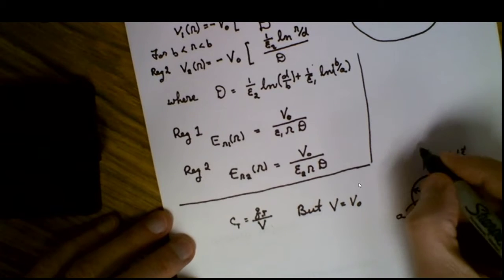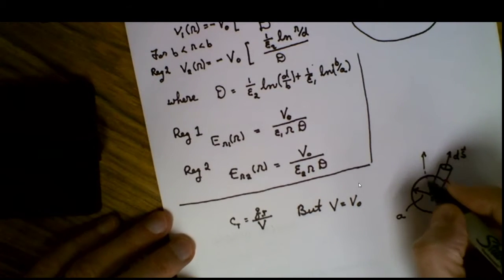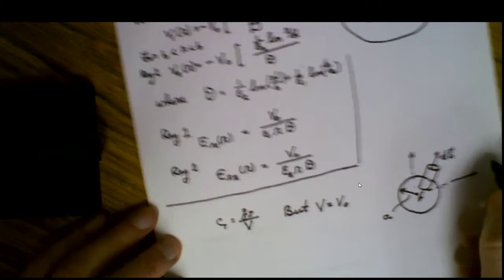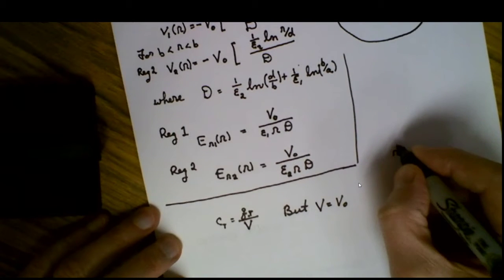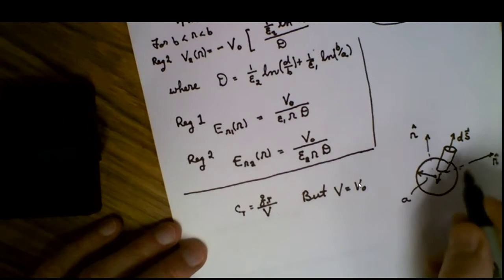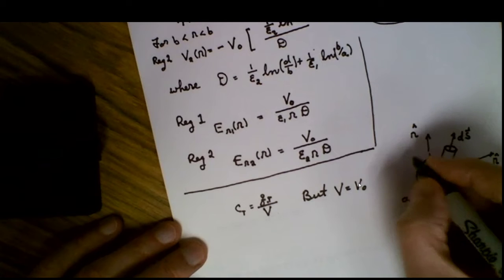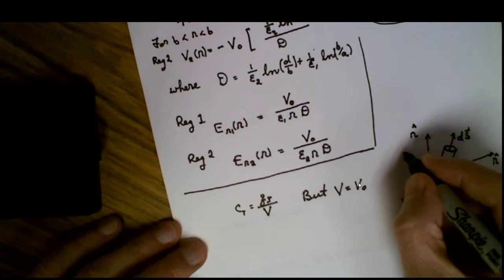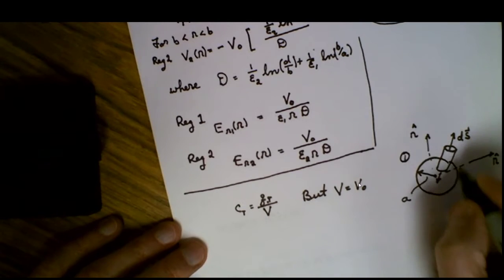Positive is radial. So that's considered to be positive. And we observe that the upper portion of our pillbox is in region number 1, and the lower portion is in the conductor.